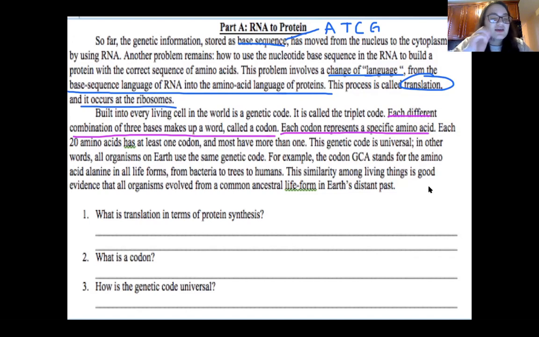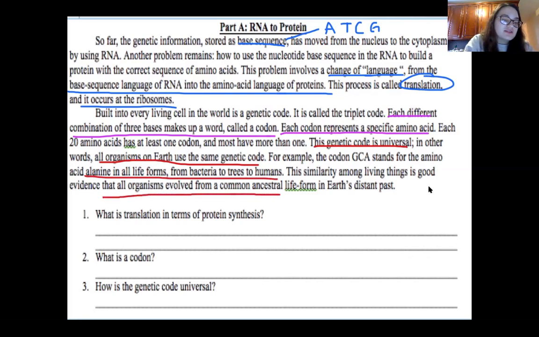This genetic code is universal. In other words, all organisms on Earth use the same genetic code. For example, the codon GCA stands for the amino acid alanine in all life forms, from bacteria to trees to humans. This similarity among living things is good evidence that all organisms evolved from a common ancestral life form in Earth's distant past.